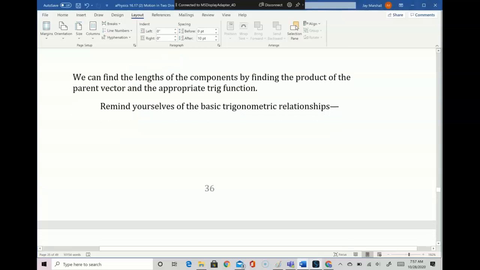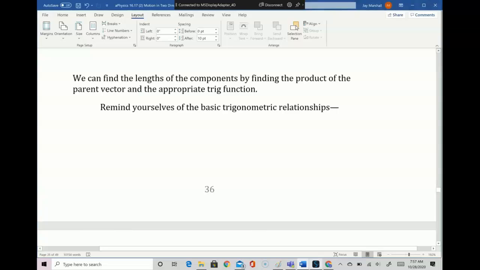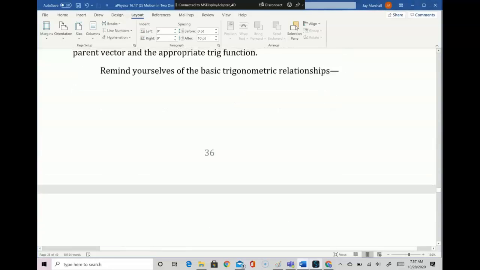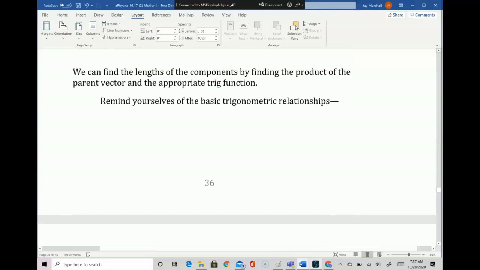Okay, we can find the lengths of these components by finding the product of the parent vector and the appropriate trig function. Remember, cosine equals adjacent over hypotenuse, and sine equals opposite over hypotenuse.